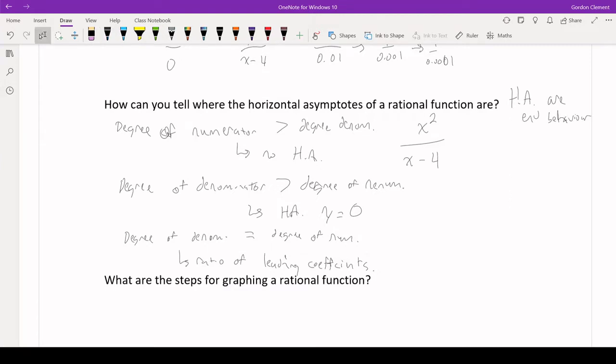Horizontal asymptotes are an end behavior of the function. They happen when x is really, really big or really, really negative. So for instance, this one doesn't have a horizontal asymptote. It doesn't get close to any particular value when x is really big, because when x is really big, let's say x is 1,000,000, the top would be 1,000,000 squared. It would have 1 with 12 zeros after it.